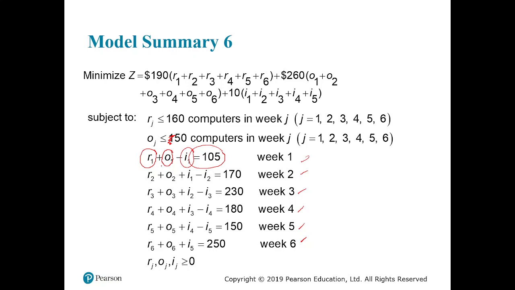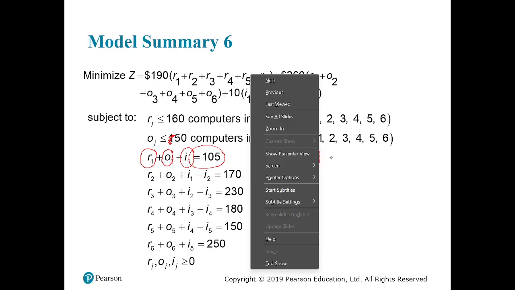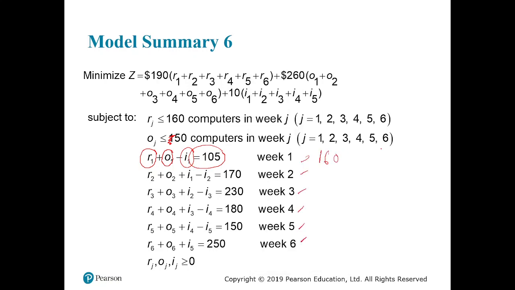For example, let's say in the first week you want to produce 160 on regular, because you know that the coming week the demand is going to be higher. Plus overtime, you don't think that you need any overtime, because 160 is enough. Then you minus 55, and this 55 you bring to the next week, in order to get 105.